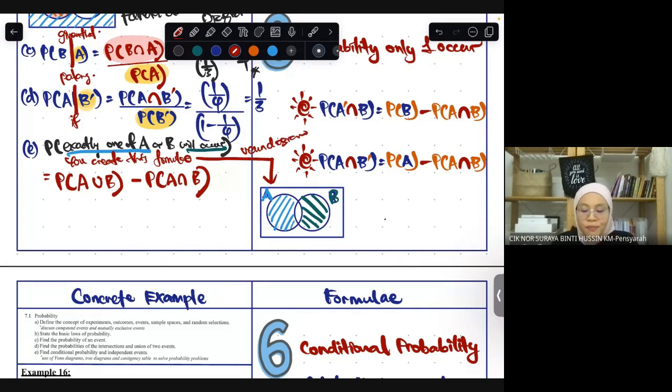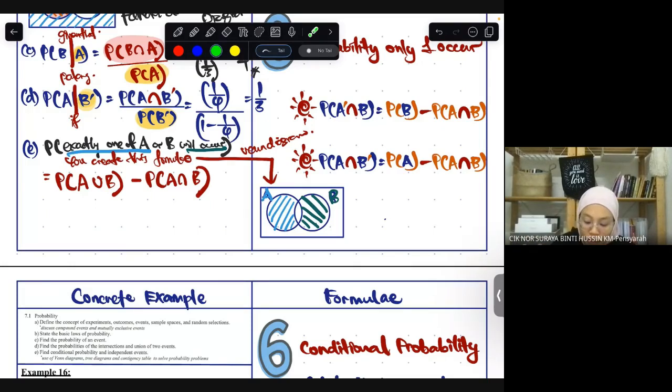Nak kena pandai, if you want to be good in probability, you must be good in imagination and logical thinking lah. Your brain must be flexible. Dia tak boleh terlalu rigid. You can let it flow and let your brain think logically and flow like a water, you see.